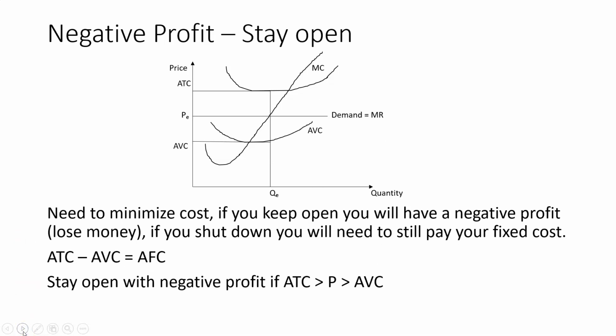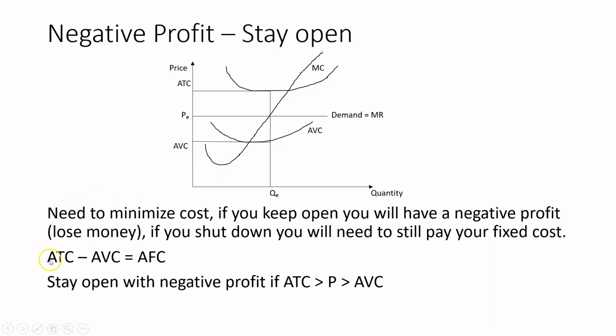Interestingly, we're not looking at our fixed cost curve because most firms aren't going to know that. They're going to know their variable costs, right? But that doesn't stop us. If we add into this picture our variable cost curve, we can now find our fixed cost.